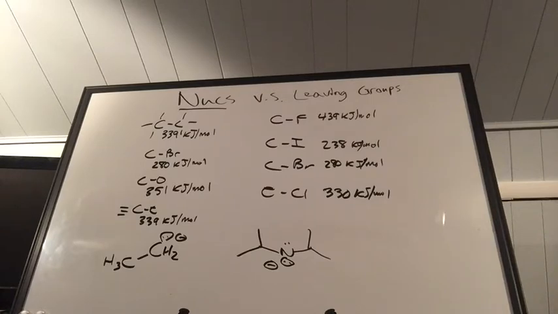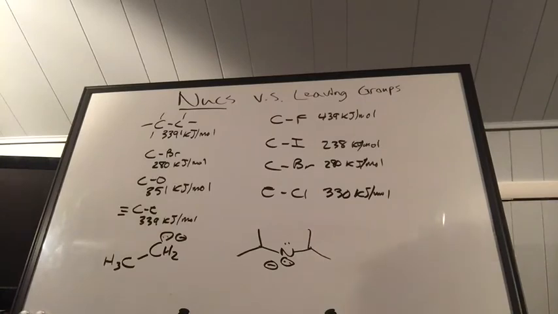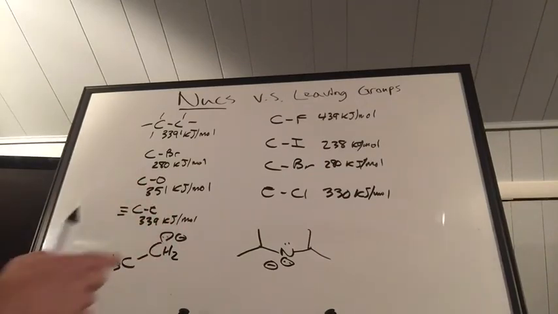So if you imagine some really large thing trying to move at the same speed as something that's much lighter, you're in for a shock, right? So, in other words, something that's a little bit smaller and has better means of traversing about and getting into a reactive center is something that's going to be a better nucleophile.